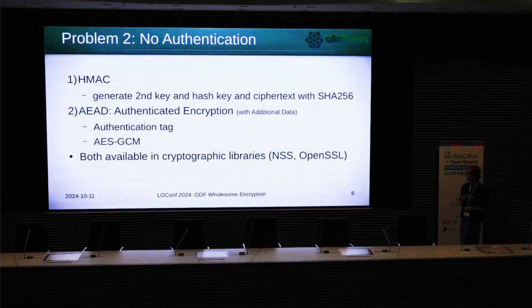Then we would know if the document has been tampered with. The other option is what's called an AEAD function, that is authenticated encryption with additional data. So essentially that means that the encryption algorithm produces, in addition to the encrypted data, also a tag which is then stored in the file.